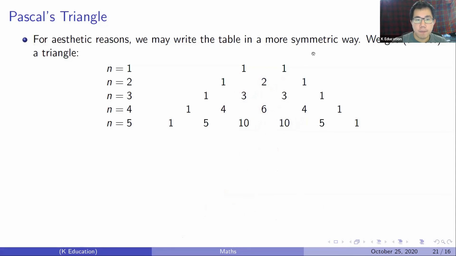Okay. So Norman, can you tell me what the next row will be for n equals 6? So remember, there'll be 1 and 1 at the end. What's going in the middle? Yeah, it will be 6. Then you add these two, right? 15.